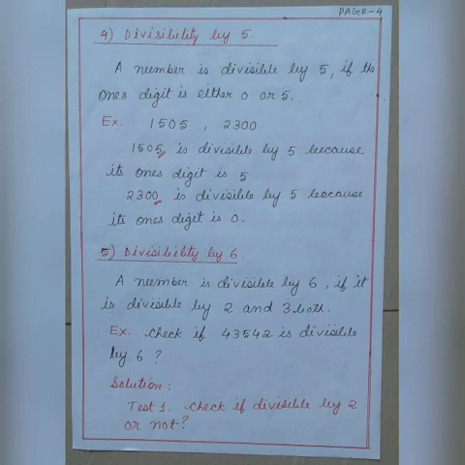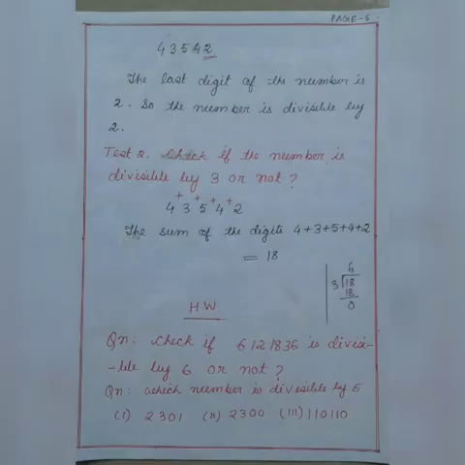If the last digit of the number is either 0, 2, 4, 6 or 8, then it is divisible by 2. In the given number 43542, the last digit is 2, so it is divisible by 2.